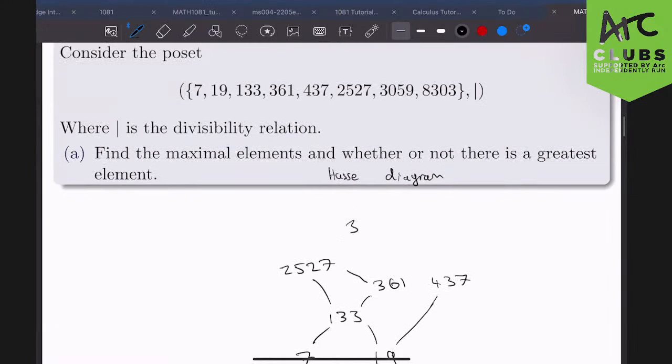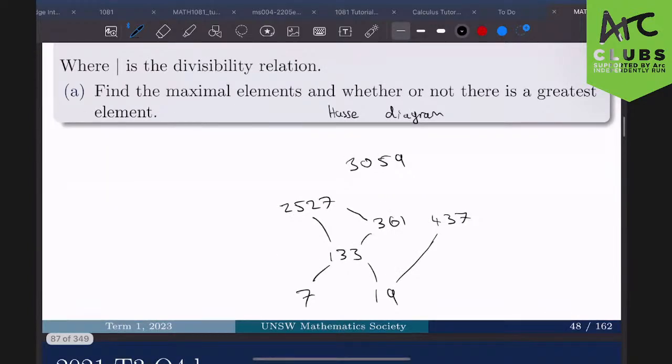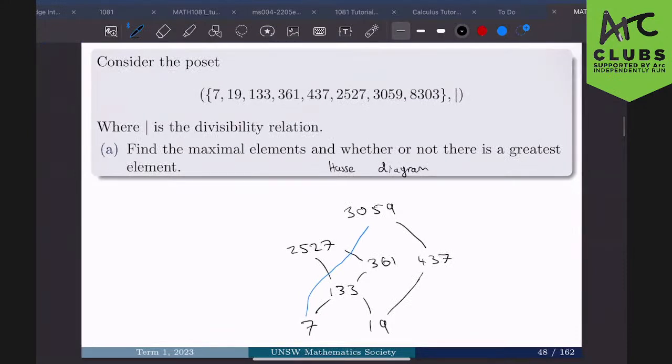Very messy diagram. Okay. Maybe this is a better way to draw this. And 8. Okay. Oh, sorry.